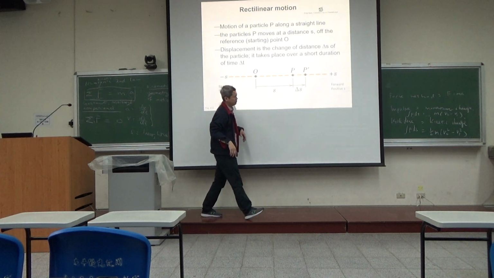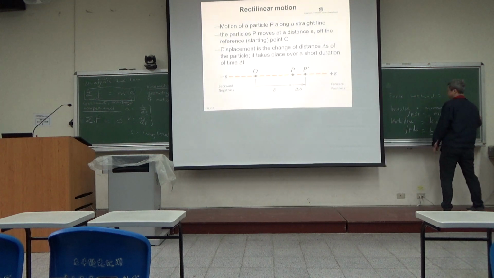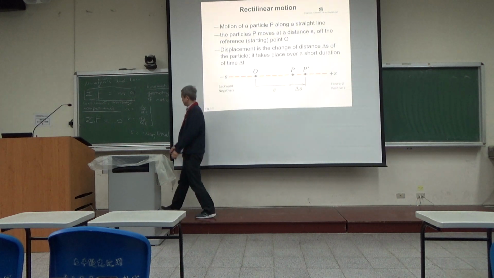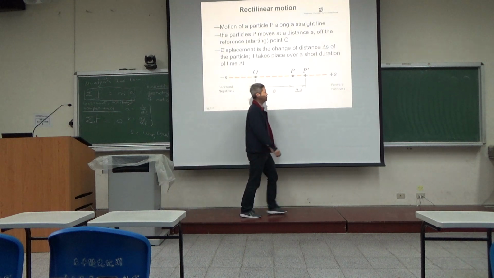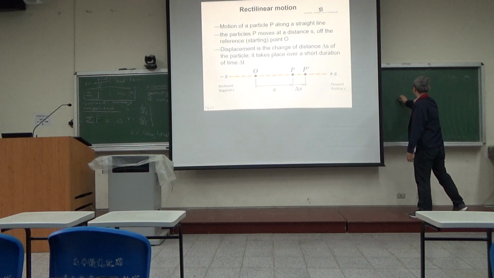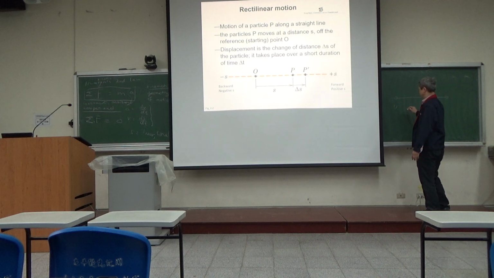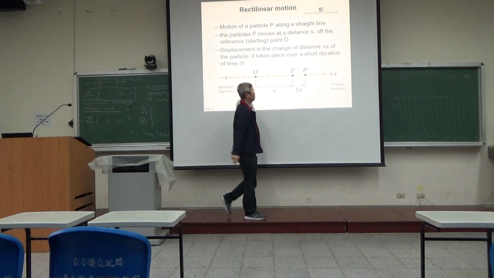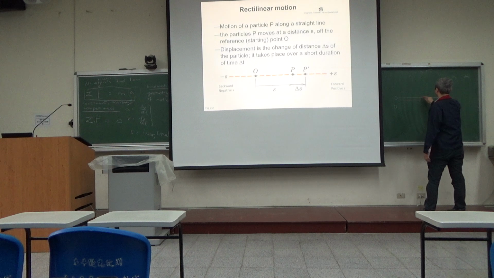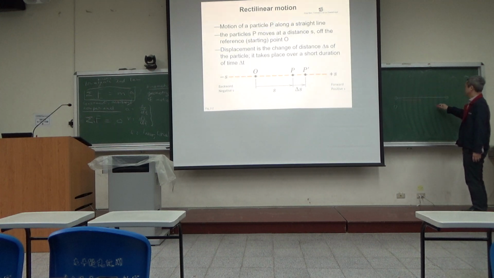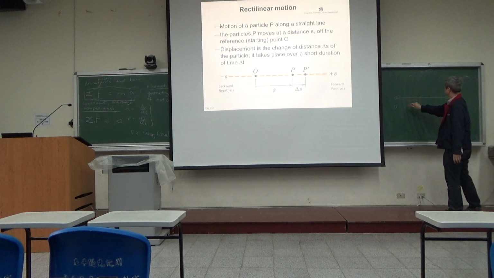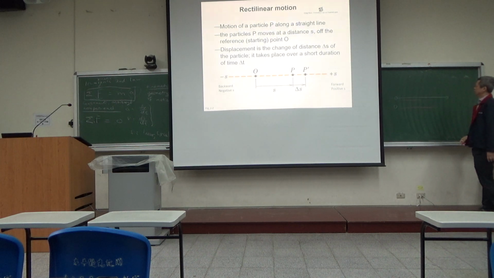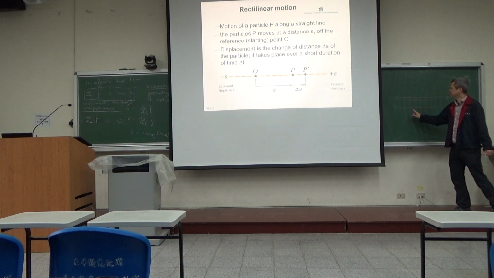How do you visualize this change? Let's first define some terms. On a straight track, your starting point is O, and after running for some time you move from O to P. This distance is S. In the next second, you move to P prime, which becomes S prime. The distance traveled here is delta S.